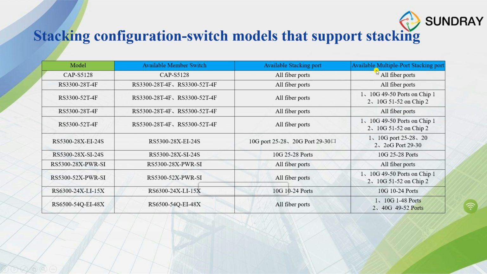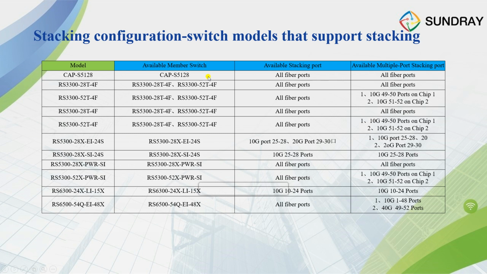And also for the available multiple port stacking, what is the meaning of this? That means if you want to do stacking and use more than one port from one switch, we need to choose the multiple ports from the same chip.